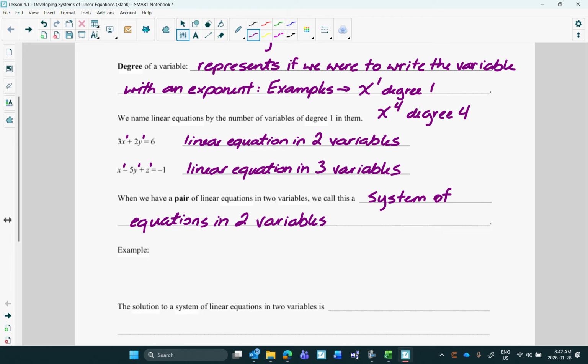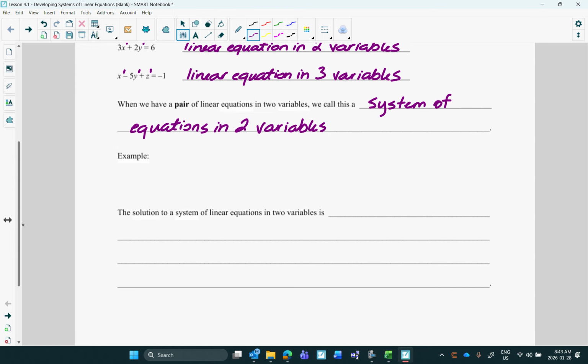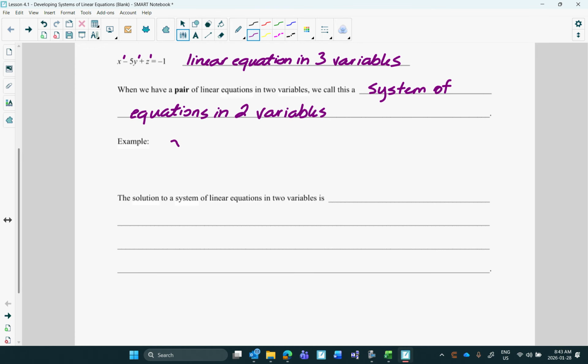So here's an example. x plus y equals 7. 2x plus 2y equals 14.